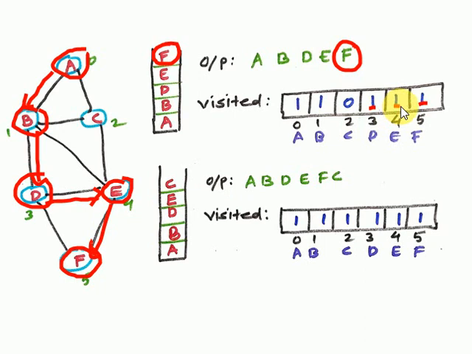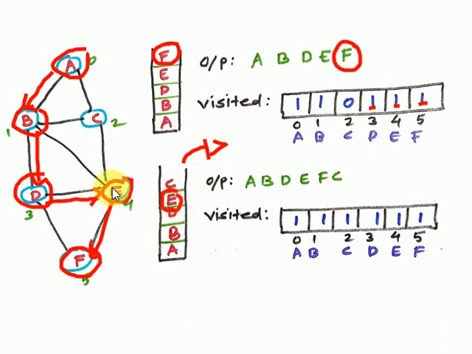So all the vertices connected with F are visited. So at this point of time, I will pop vertex F from the stack. So I have popped vertex F from the stack, and then on the top of the stack the next vertex is E.